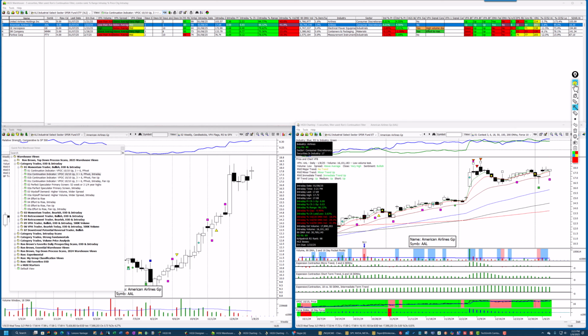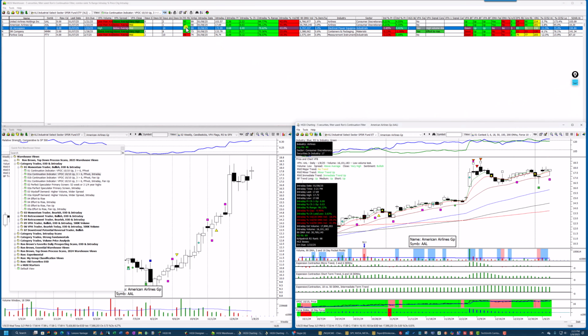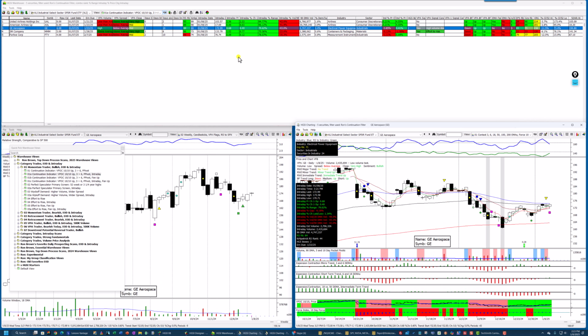Erase this. Let's look at the other stock, GE Aerospace. Bring the arrow back up, and you can see that the 3 is above the 6. The easiest way is to look at the histogram. And now there was a pocket pivot here yesterday, but in this instance, it just happened to be a negative pocket pivot. Sometimes this will happen, but you can see how narrow the body was.